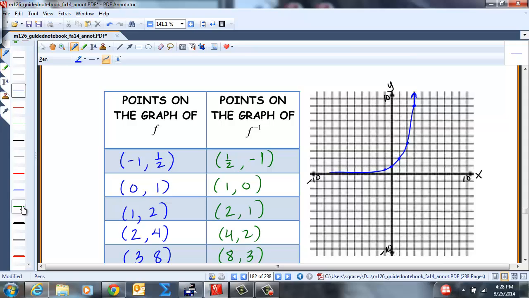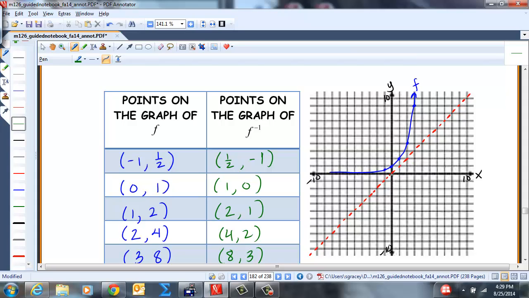Okay, so recall that our inverse functions reflect across the line y equals x. We had gotten actual ordered pairs here, but you could have done this just by using the line y equals x. This here was our function f. Let's graph f inverse.